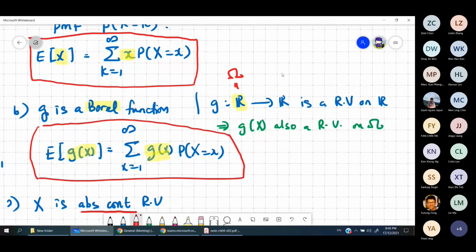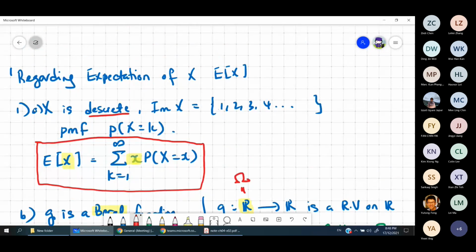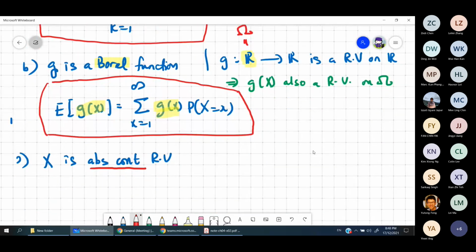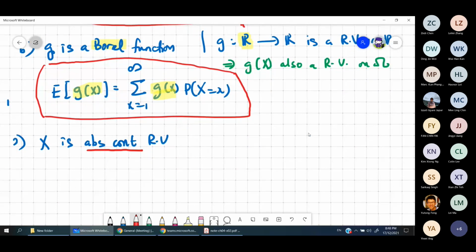Because when we consider the original case, X might not be a random variable on R, so the sample space omega could be something else. I hope that's clear.